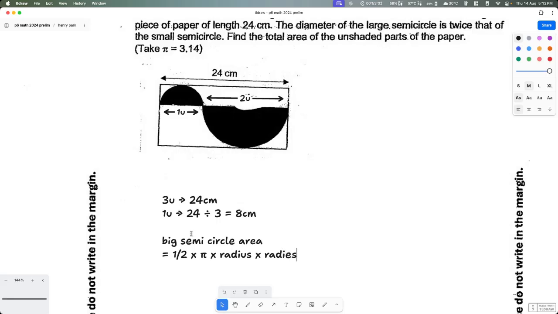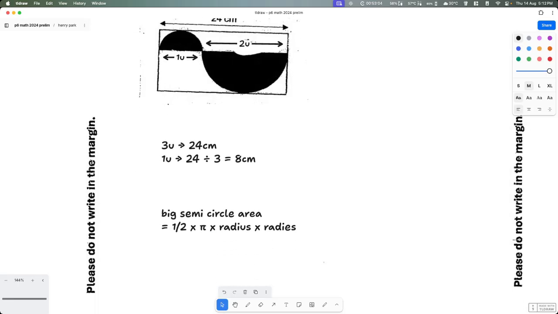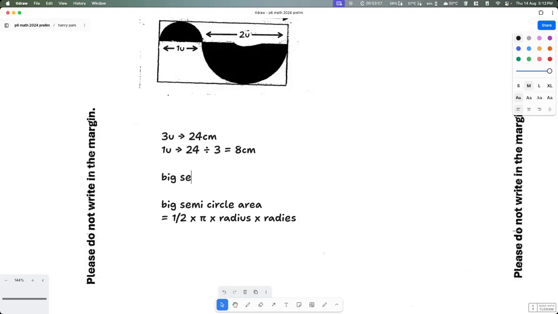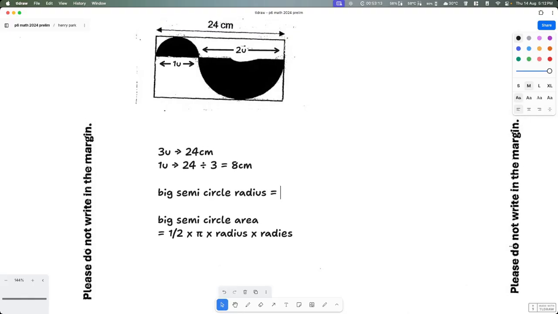Sorry, area is pi r squared. The big semicircle radius is equal to 2 units divided by 2, so it's 2 times 8 divided by 2, which is 8. So this is the radius.